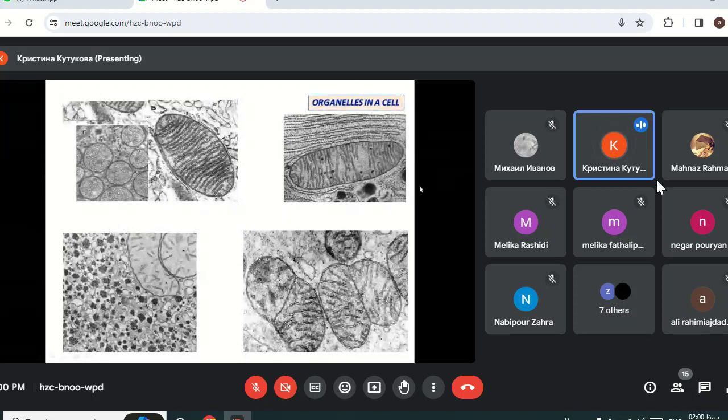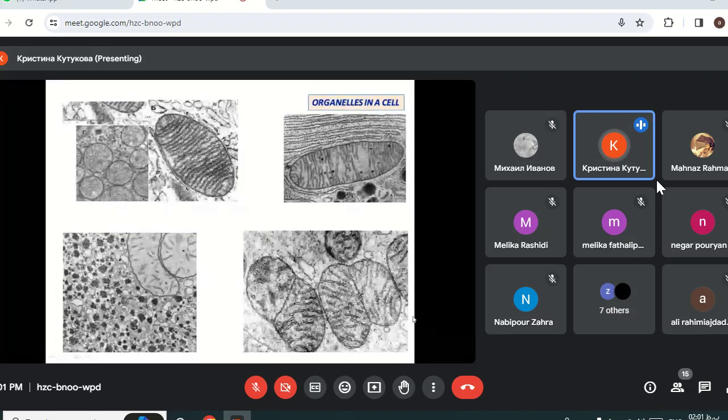In upper right picture, you can see mitochondrium with lamellar cristae and rough endoplasmic reticulum, and lysosomes, these vesicles with dark content. In lower left picture, you can see mitochondria with lamellar cristae, smooth endoplasmic reticulum, vesicle looking, and granules of glycogen produced by smooth endoplasmic reticulum.